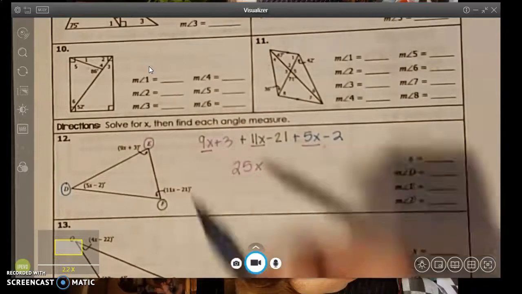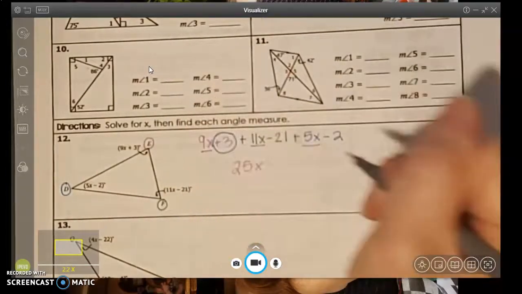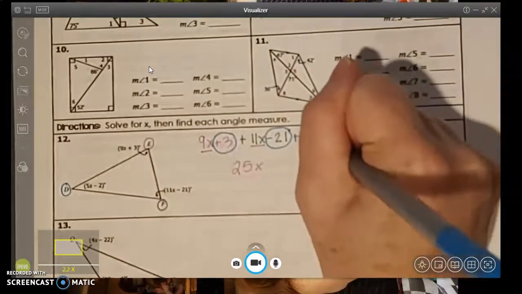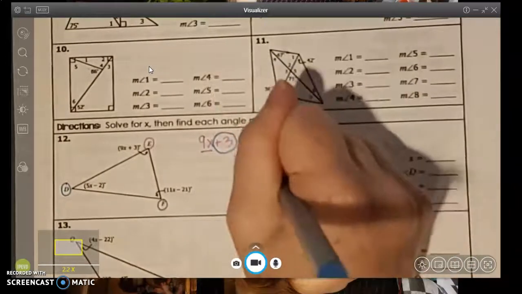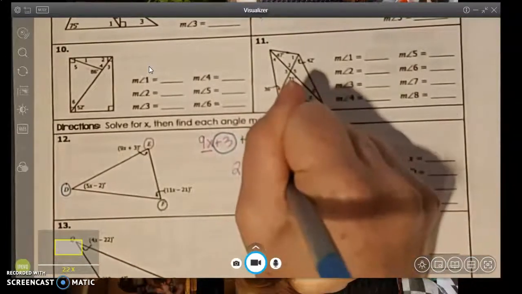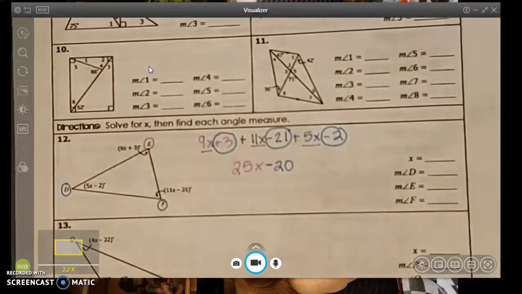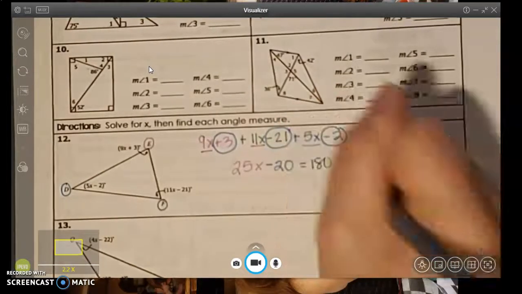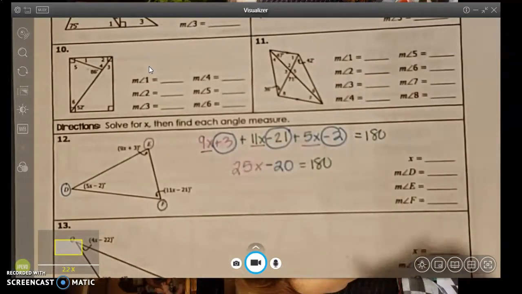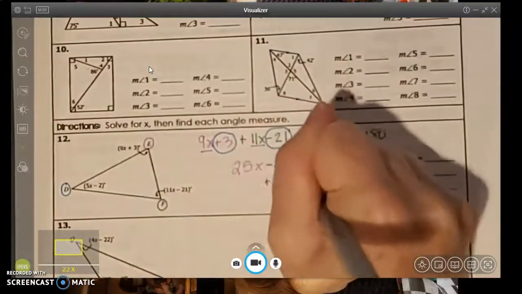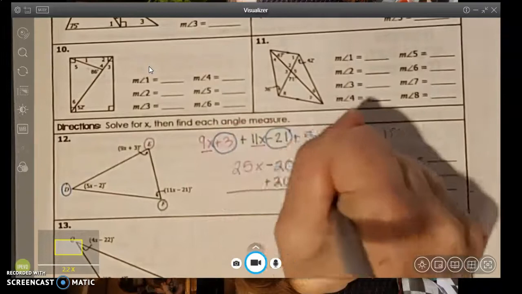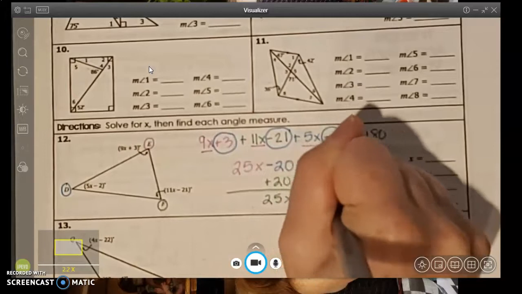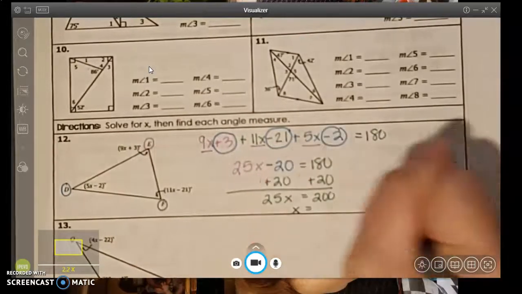And 3, negative 21, and negative 2 will give me a negative 20. Oops, I almost forgot, we're setting these equal to 180. So I'm going to add 20 to both sides. That is 25x is equal to 200. Divide both sides by 25, and x is equal to 8.